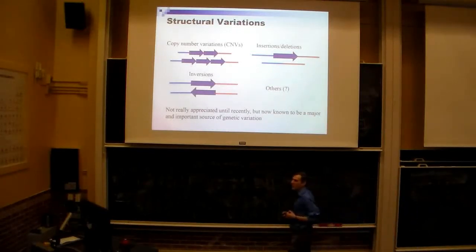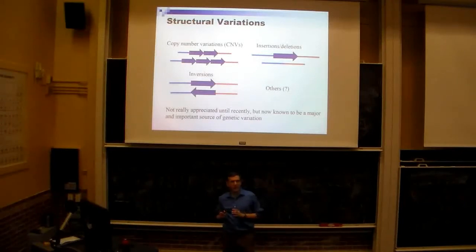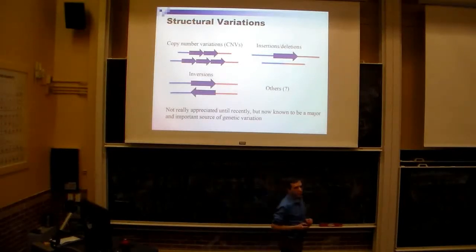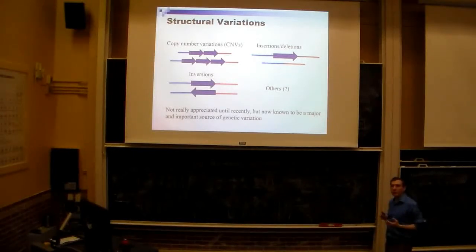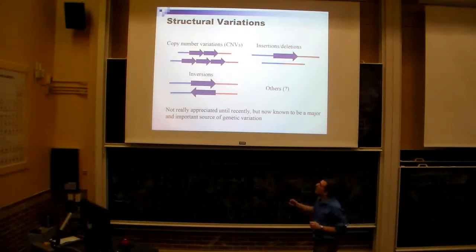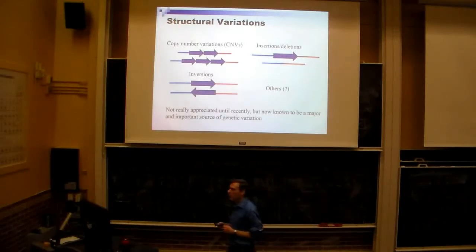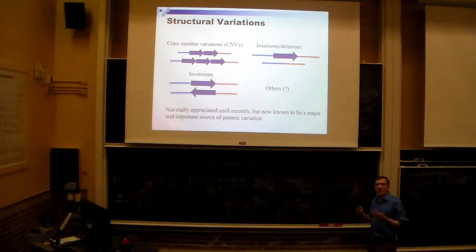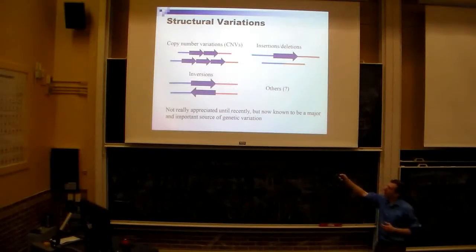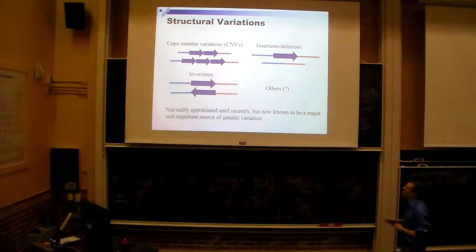Structural variations are larger-scale kinds of changes in the DNA that, to a large degree, we didn't know were common in the human genome until we started getting lots of human genomes and could see how they might be different. Just like with SNPs, there are different definitions of exactly what we mean by a structural variation. But a typical definition would be a piece of DNA that is at least a kilobase, so at least 1,000 bases long, that appears in different numbers of copies or orientation in different copies of a chromosome.